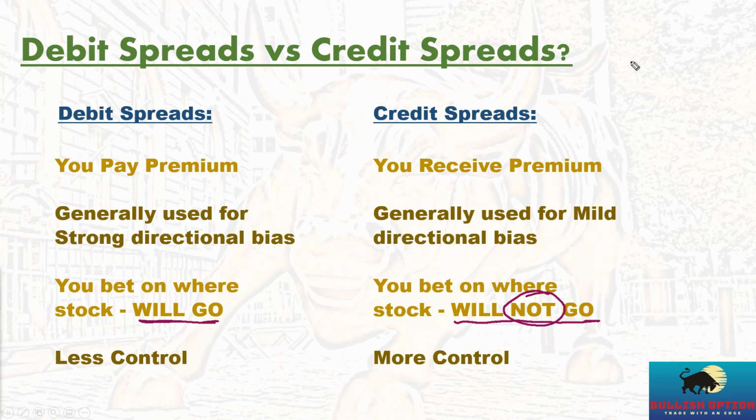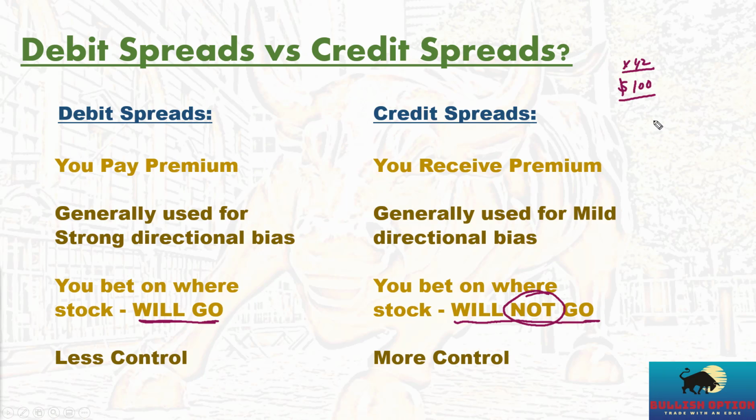Let's say a particular stock XYZ is trading at $100 per share right now. What can happen to this stock? It can go down, it can go up, or it can remain pretty much at the same price. When I say same price, I don't mean that it will be at 100 itself. I mean not any big move.